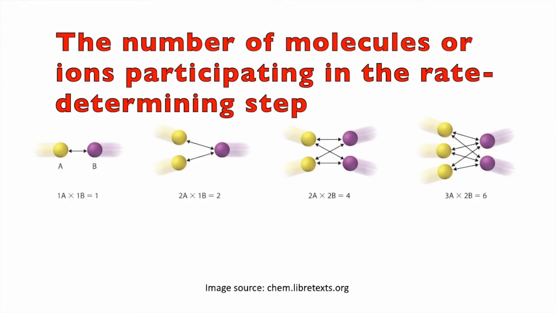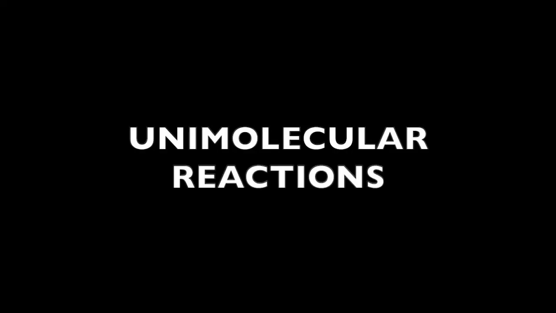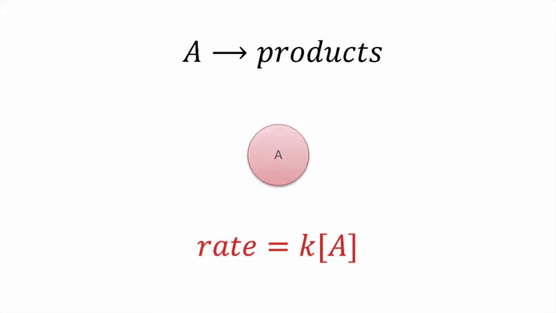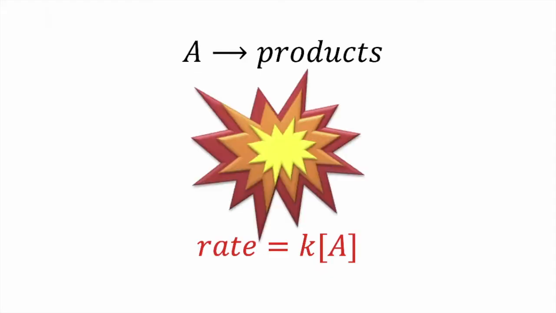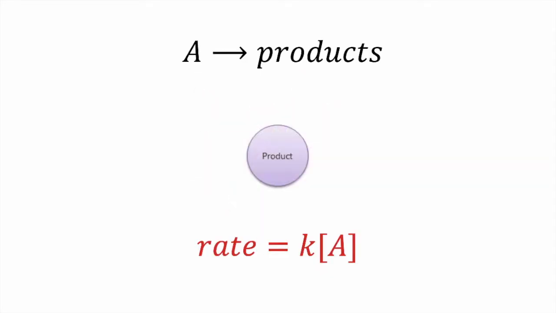But if we look at this more closely, we can see a pattern. The rate law is not only determined by the stoichiometry, it's determined by the molecularity, which is basically the number of molecules or ions that are participating in the rate-determining step. In a unimolecular reaction, there is only one species reacting. Maybe it's just changing into another type of molecule, maybe it is decomposing into more than one molecule, but there's only one reactant.